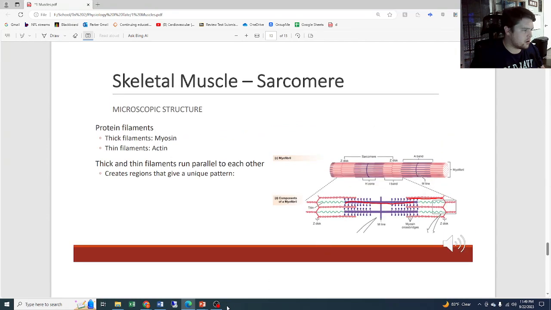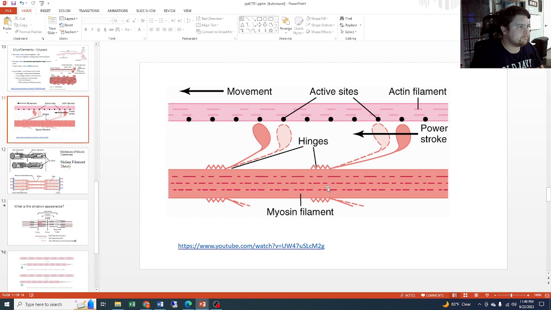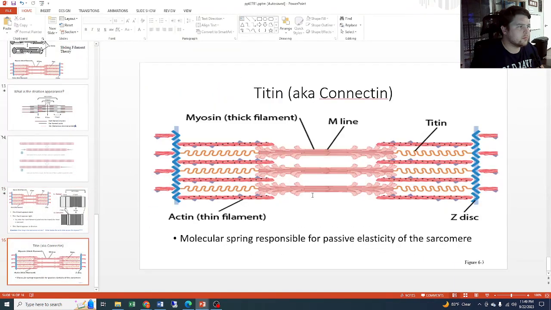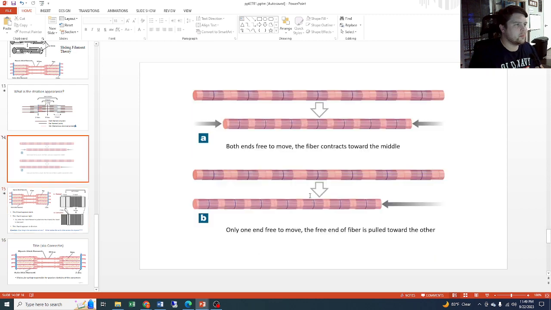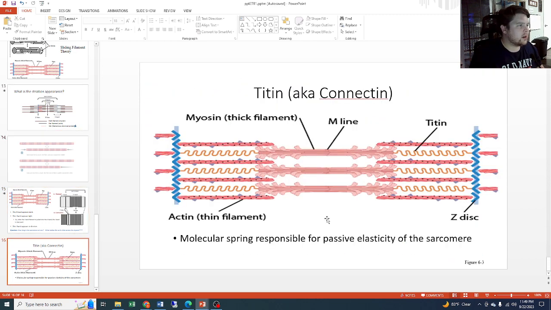So within our sarcomere, let me pull this up. Where's a better picture? Here we go. So the way that our sarcomere is built, here's our Z disc to Z disc. We have myosin, also known as the thick filament.